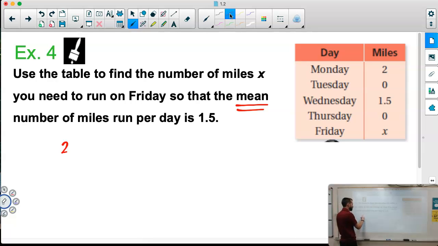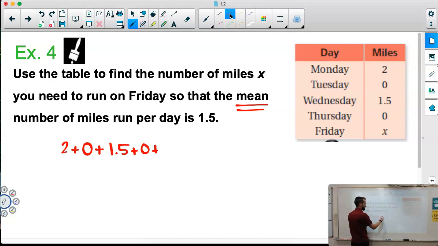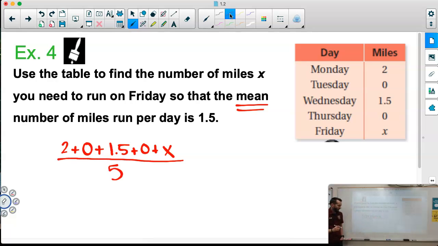If I took 2, what we did on Monday, and 0 Tuesday, and 1.5, and 0, and x, Monday, Tuesday, Wednesday, Thursday, Friday, and you divide that by the number of days. Every day you did something, okay, you add together and you divide it by the number of days. That's how you find the average.